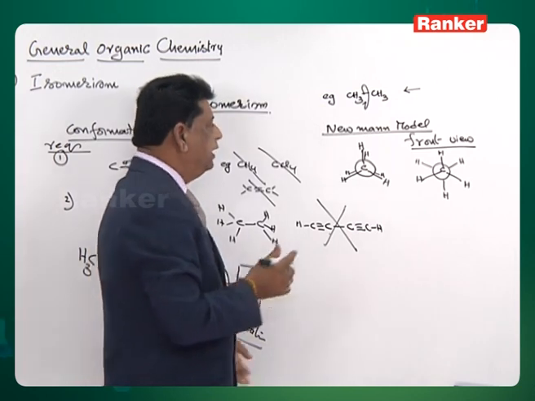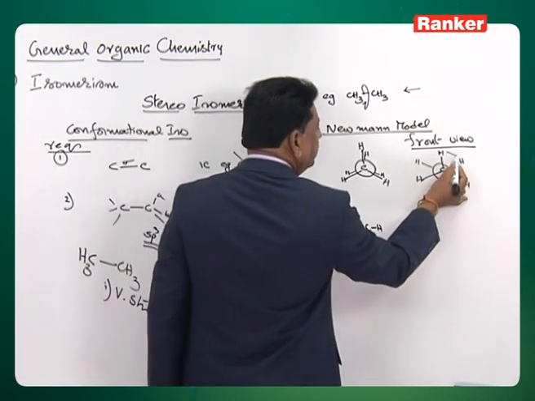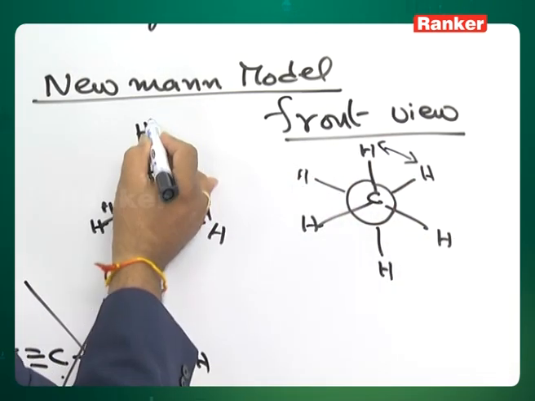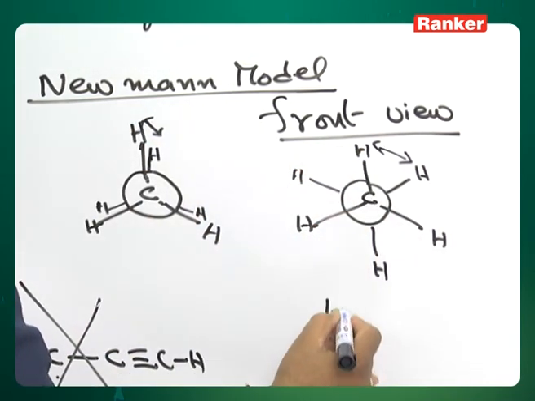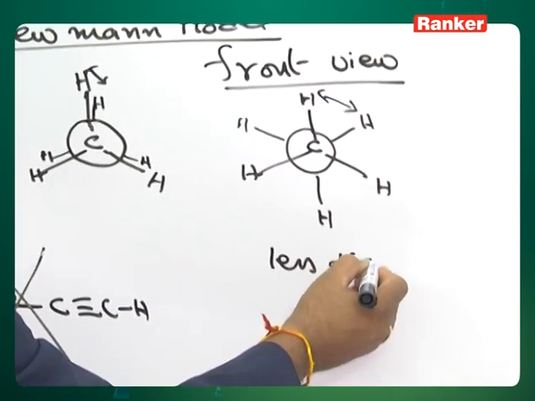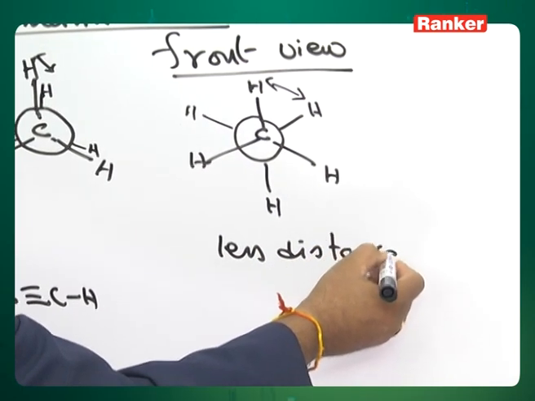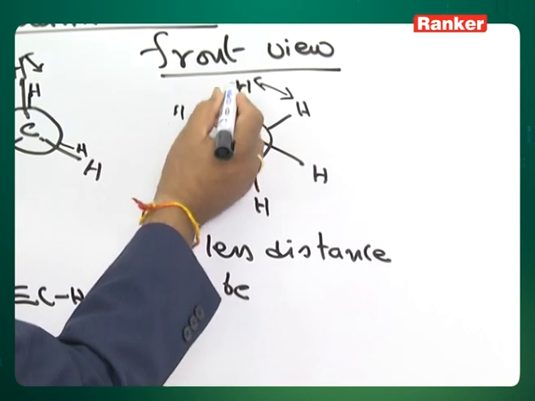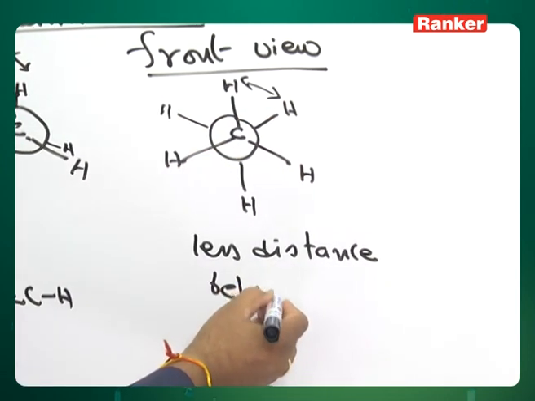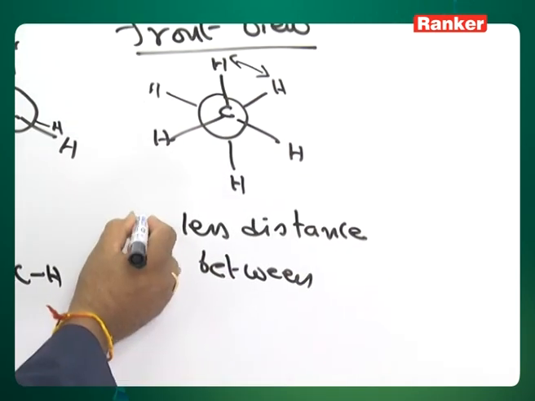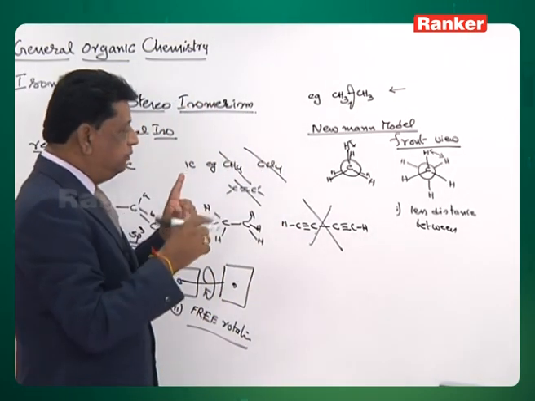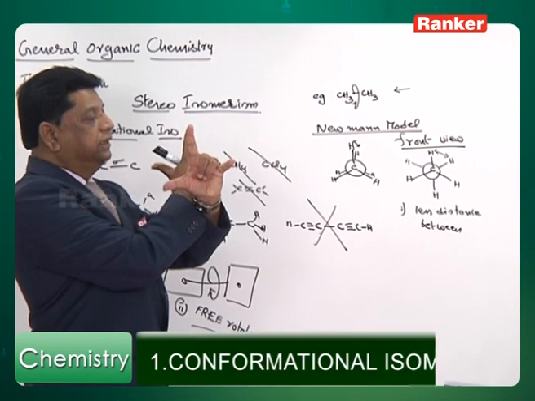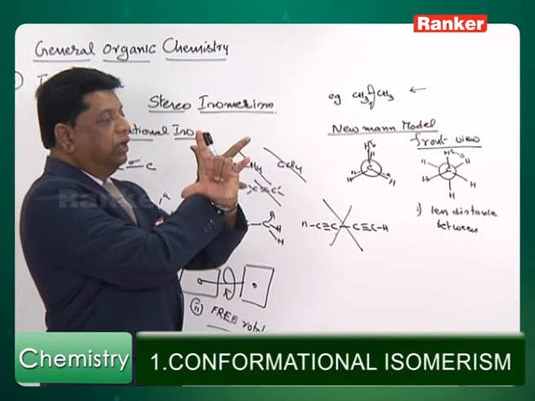But if you measure the distance between the 2 hydrogens, A and B hydrogens, there is a lesser distance. Observe this clearly. The distance between the hydrogens is like this. When I rotate like this, it goes to the other side.